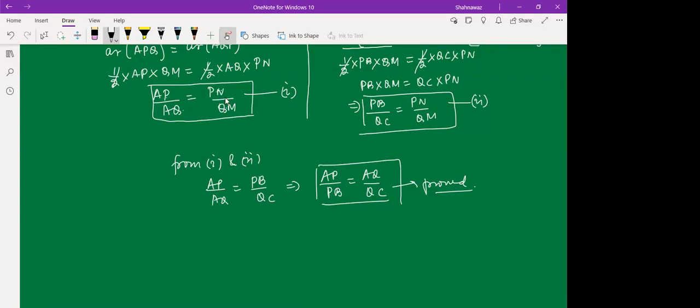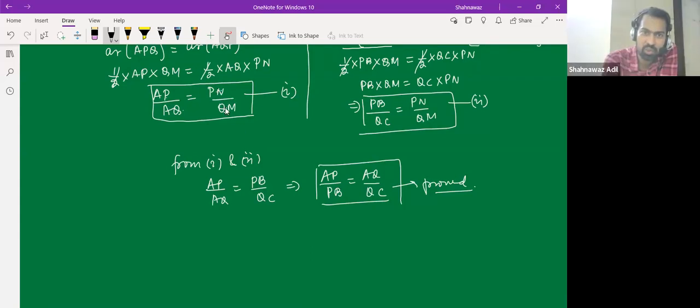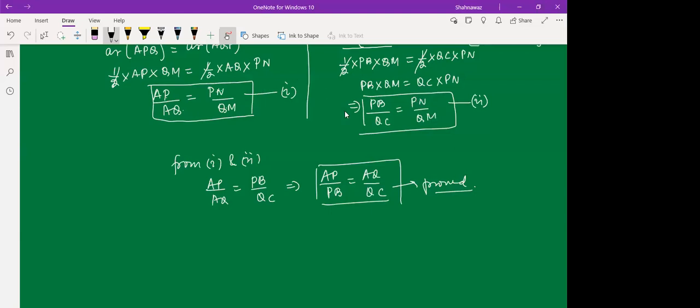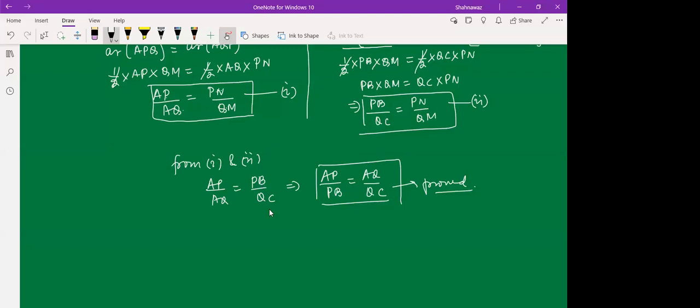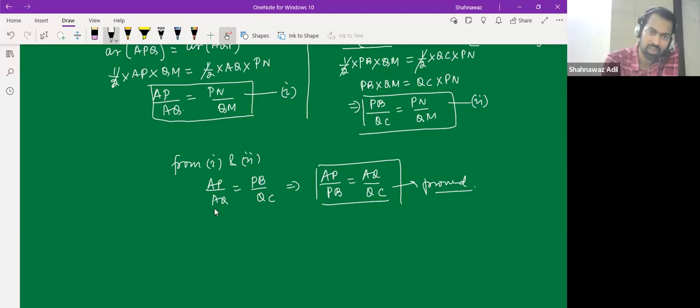So from here you see that PN by QM, PN by QM. So right hand side is equal, right? Yes, sir. If right hand side is equal, which means that both left hand sides are also equal to each other. So AP by AQ is PB by QC, right? Yes, sir. So now what I do is that I take this in here and take this in here. So just rearranging, right? I have 1 by 2 which is equal to 3 by 6.